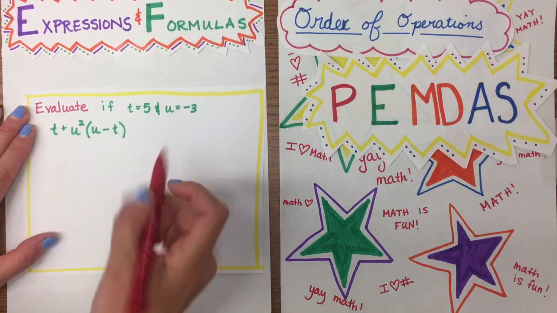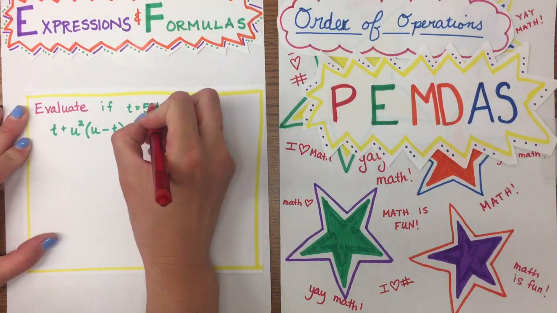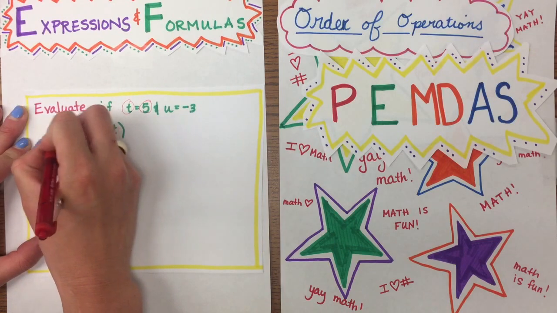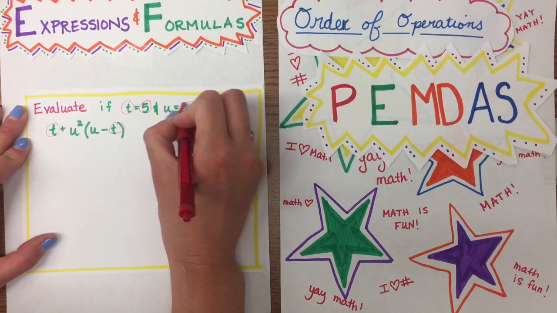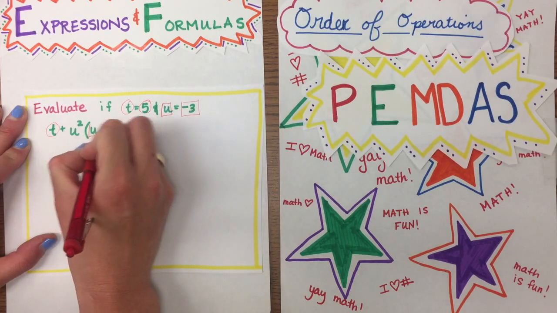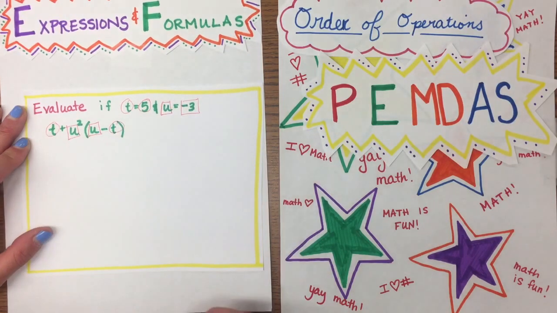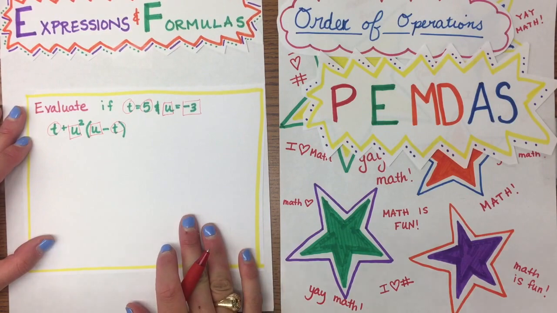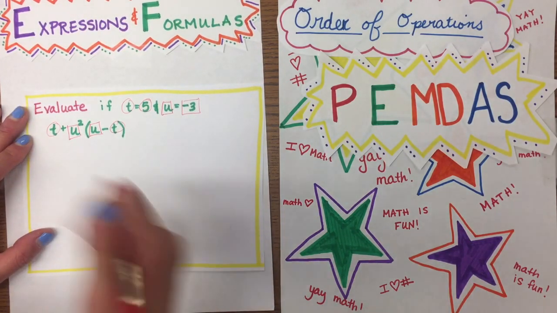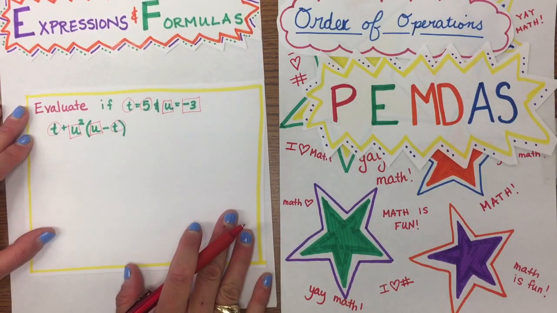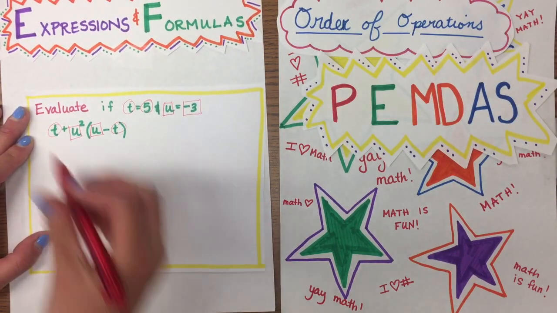So the first thing I'm going to do is substitute 5 in for t. T appears in two places. And I'm going to substitute in -3 for u, which appears in two places. I'm going to use parentheses when I substitute just to make sure I don't make any mistakes and that I get everything substituted in as it's supposed to be.